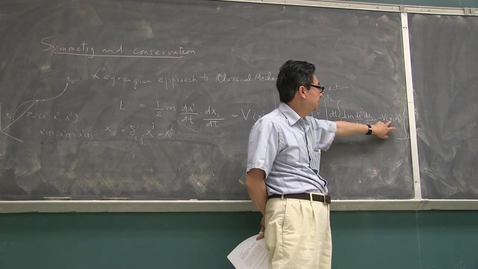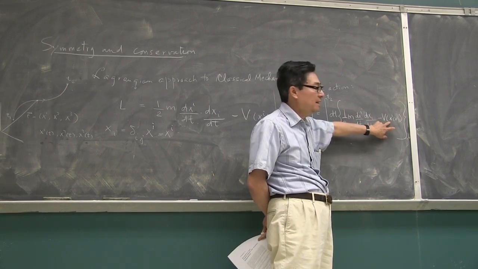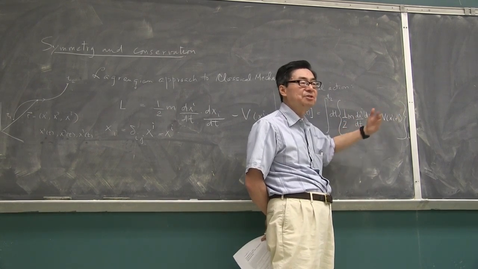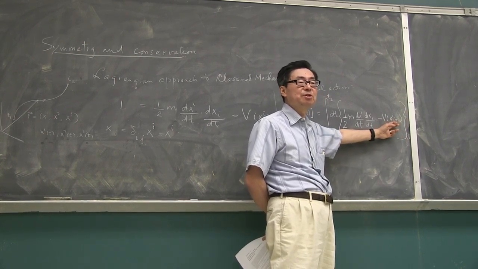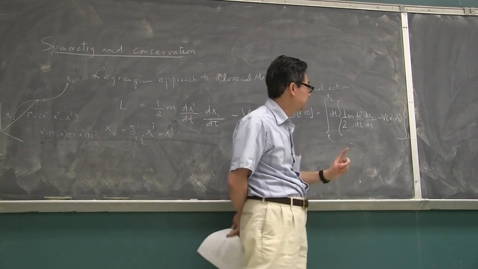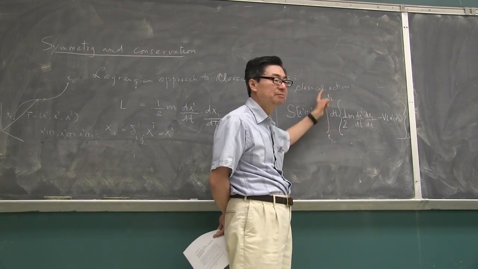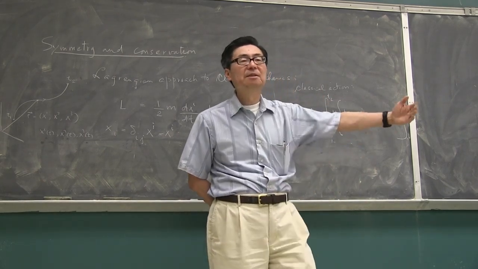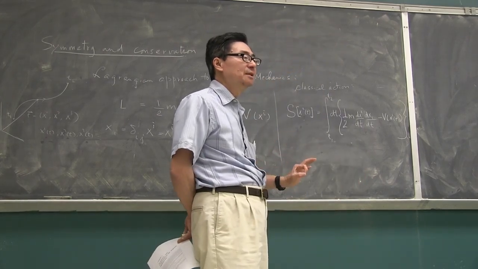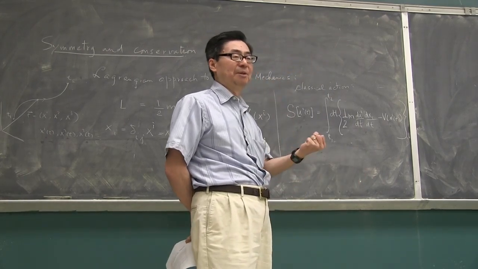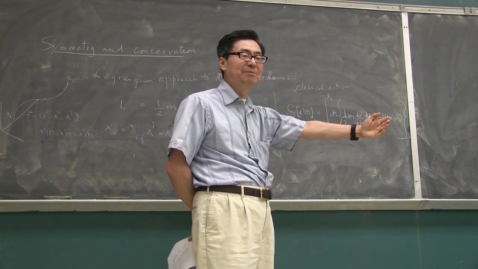Now, if the xi is a function of time and V is a function of xi, then through this chain relationship, V itself can be considered as a function of time also. So the whole integrand is a function of time, then you can do a time integral between two fixed values of time. After the integral is done, what you are left with is just a number, because you have integrated over time already.